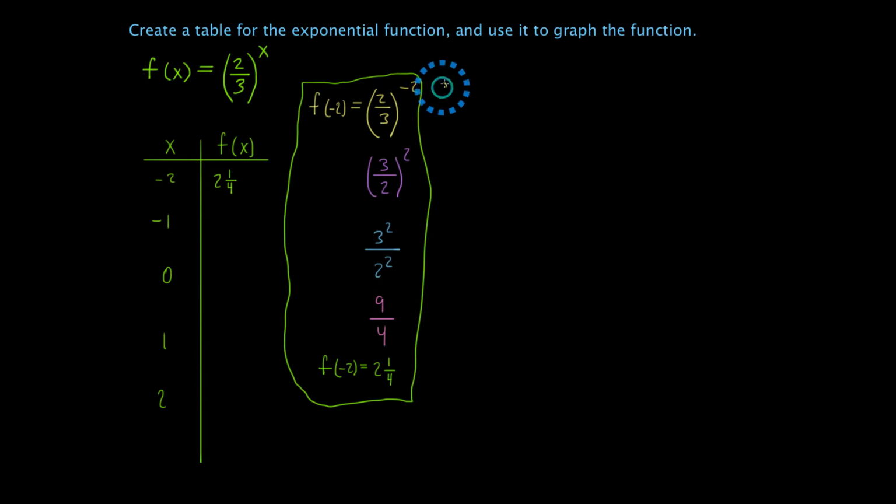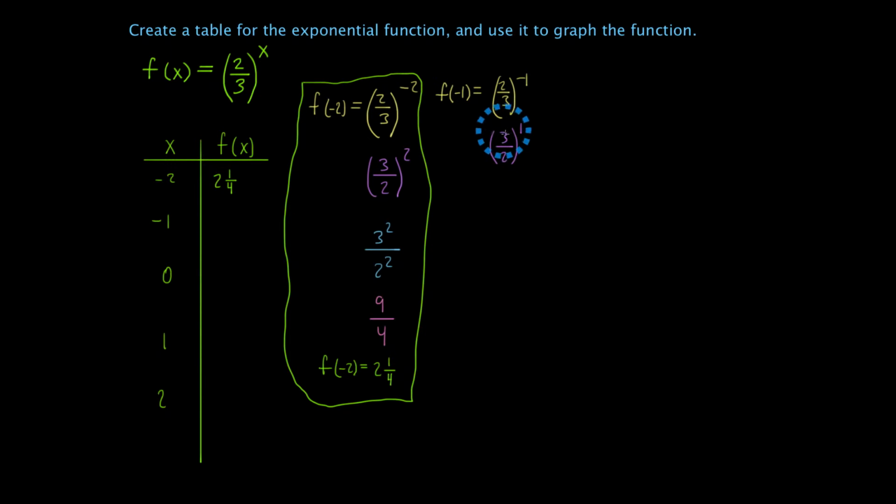All right, so what about f of -1? F of -1 is going to be equal to, well, we got 2/3 again, 2/3 raised to the power of -1. And I'm going to flip this reciprocal again. So I have 3/2 raised to the power of +1, not -1 now.